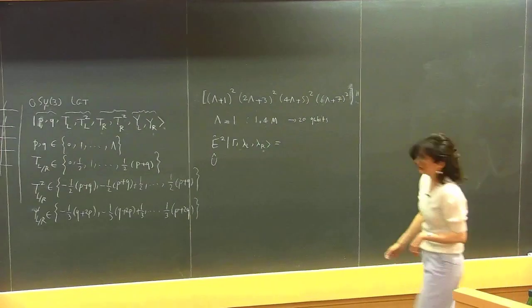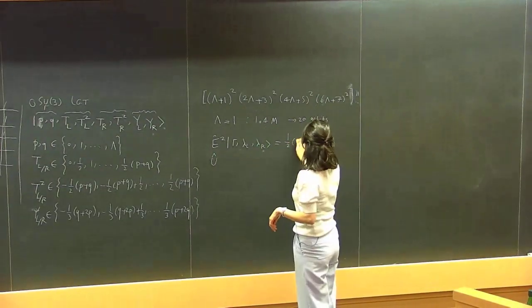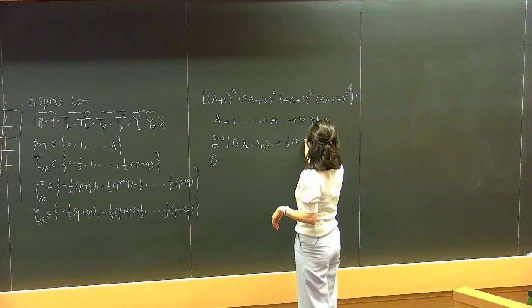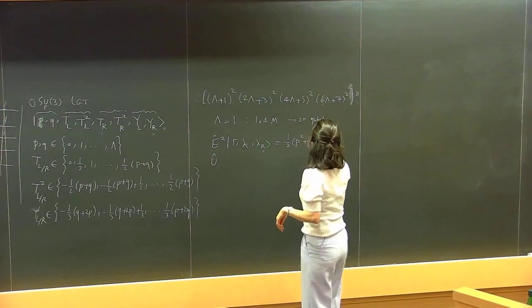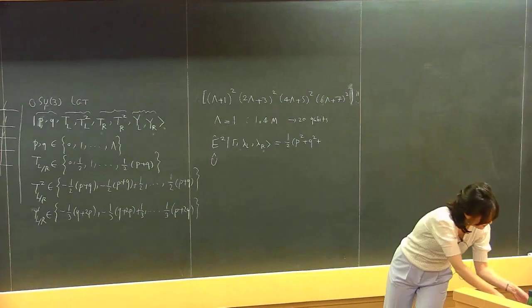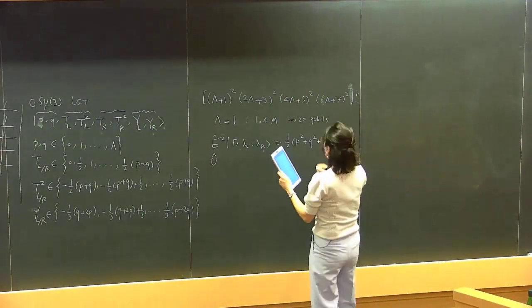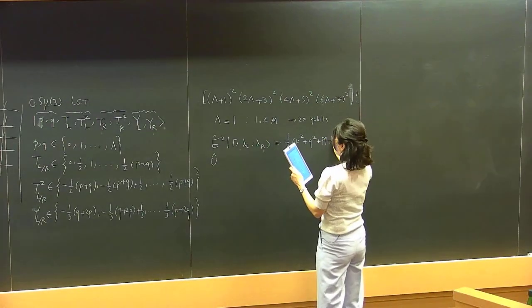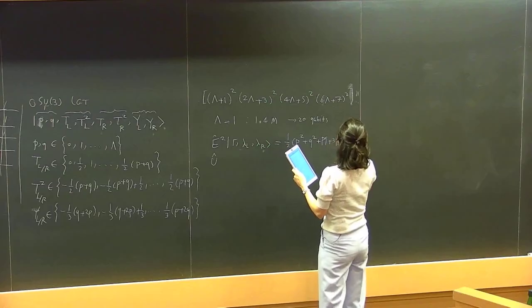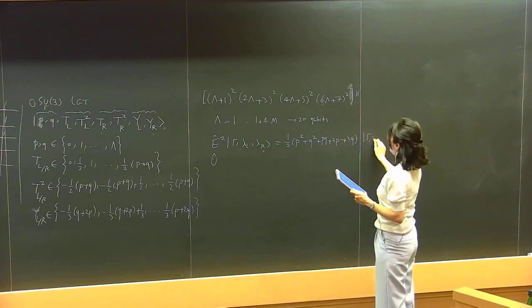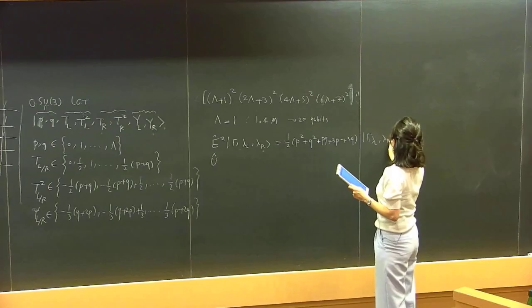And this one turned out to be 1/3 of P squared plus Q squared plus PQ plus 3P plus 3Q, acting on gamma lambda left lambda right.